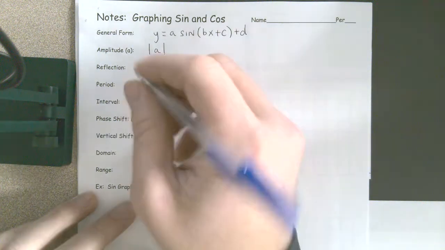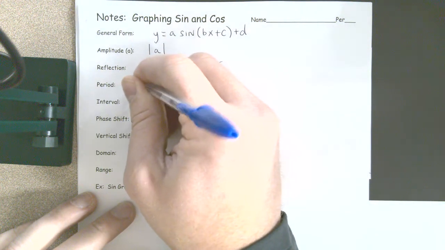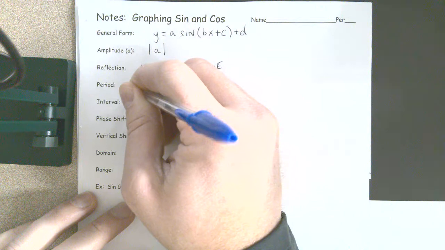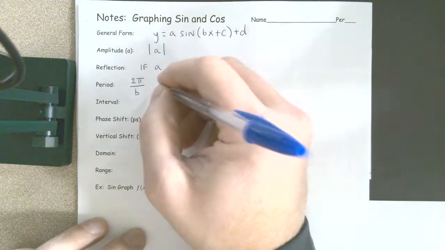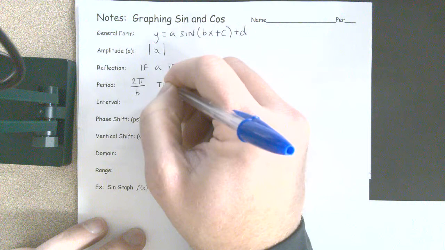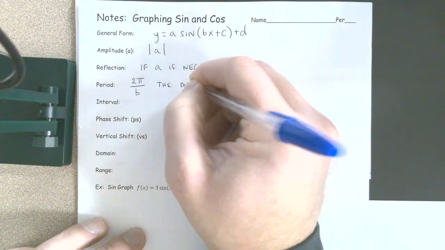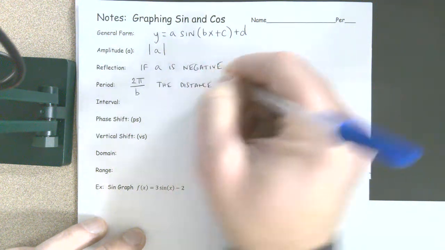Okay, we say the period is 2 pi divided by b. Now we say 2 pi divided by b. The period represents the distance of one curve.